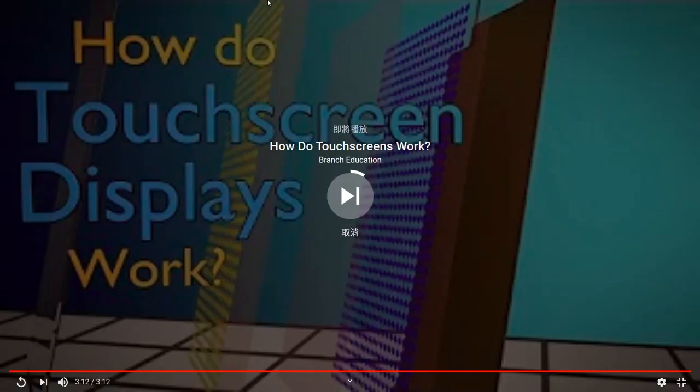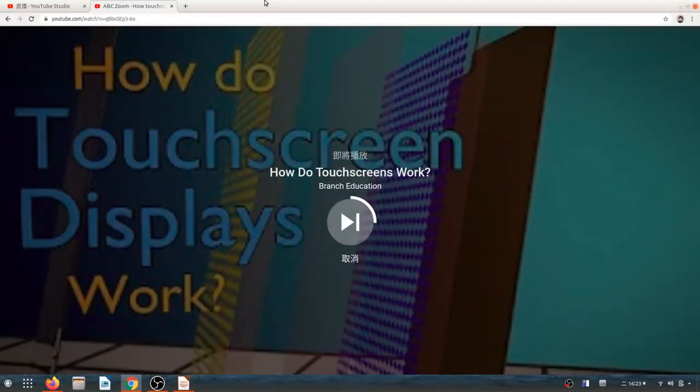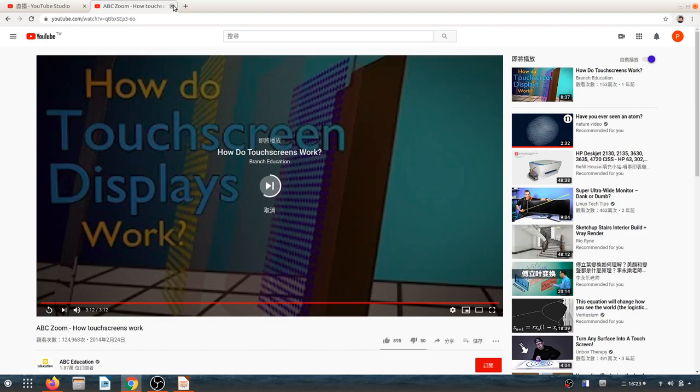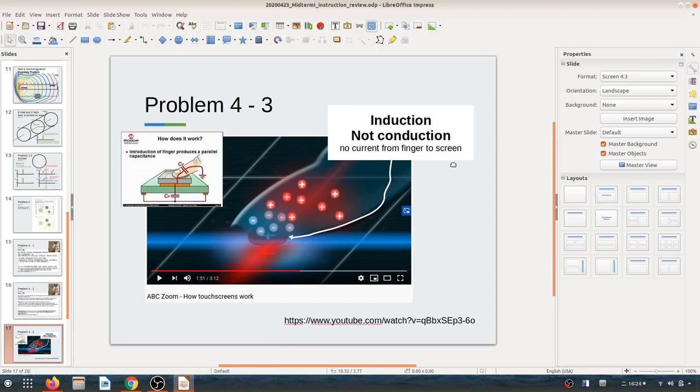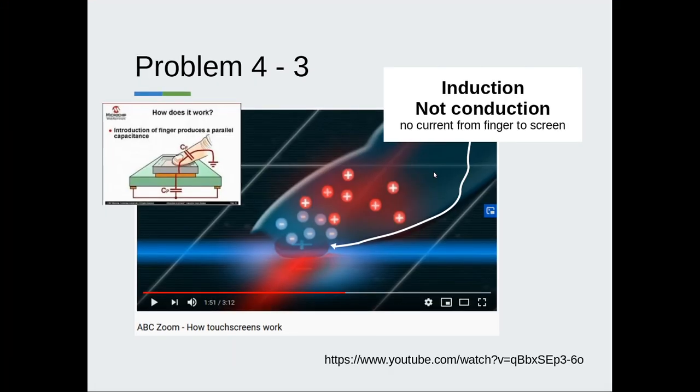Okay, 所以这就是触控式萤幕的原理。第三题，好，这样大家应该明白了。再来最后一题，and finally, here is the design of a power station.